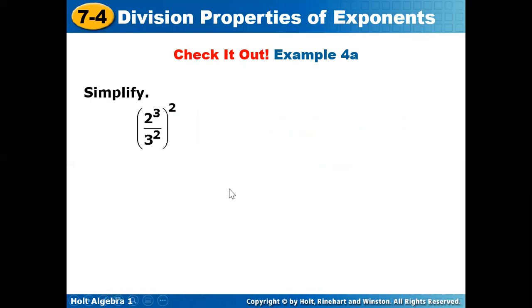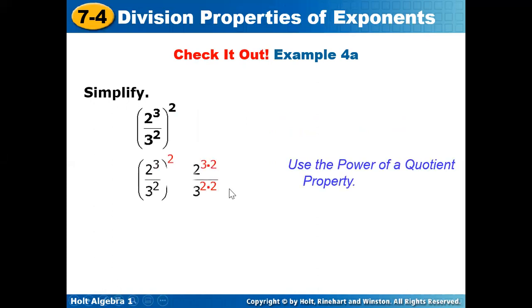All right, here we go. Power of a quotient property, right? So we have to distribute this to each piece. 2 to the third, that whole term squared is 2 to the 3 times 2. 3 squared, that whole term squared is 3 to the 2 times 2.